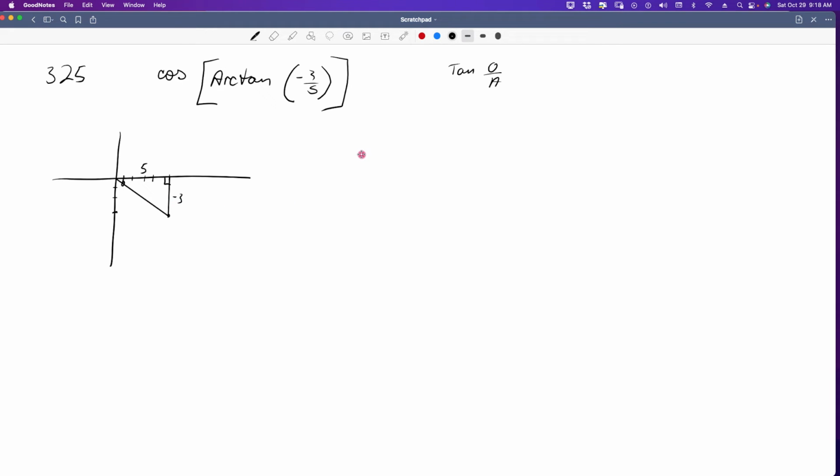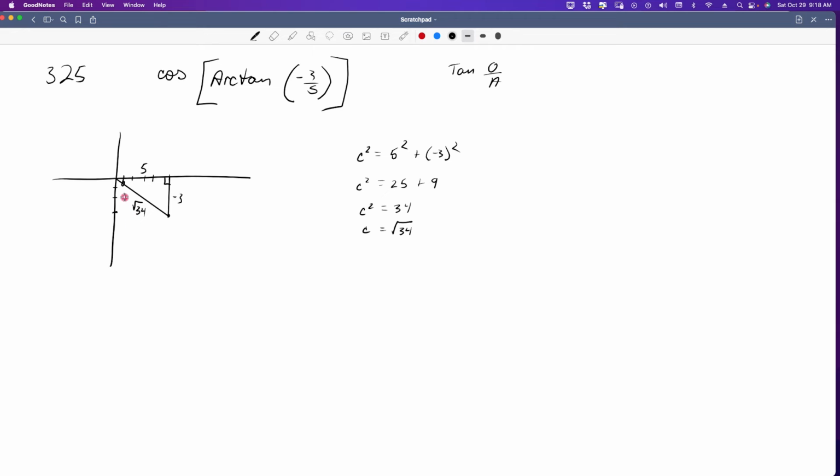So c squared is equal to 5 squared plus (-3) squared. c squared is equal to 25 plus 9. c squared is equal to 34. So c is equal to the square root of 34. Now we have the length of our hypotenuse.